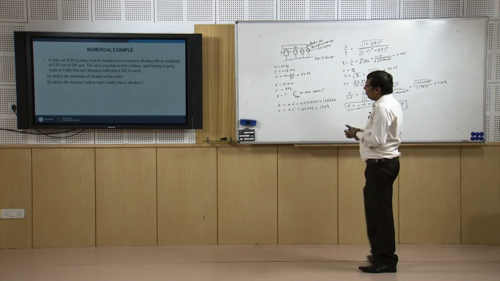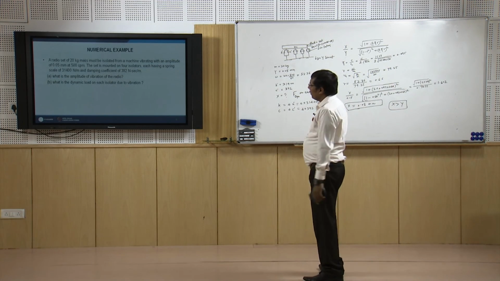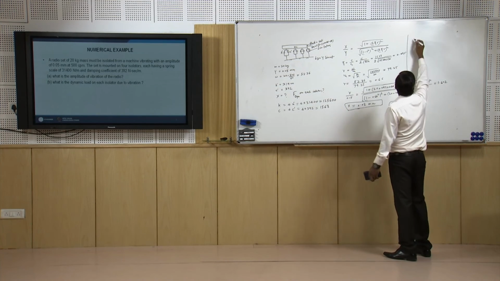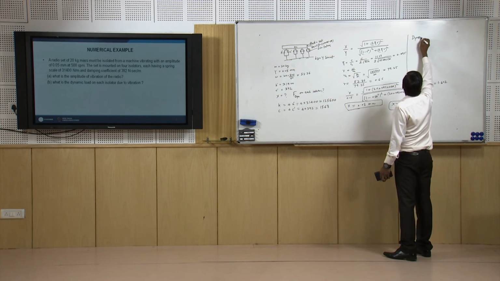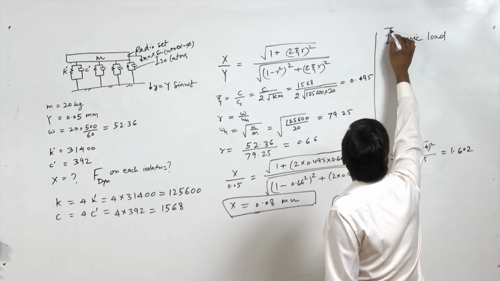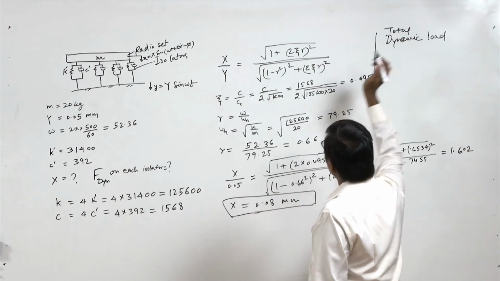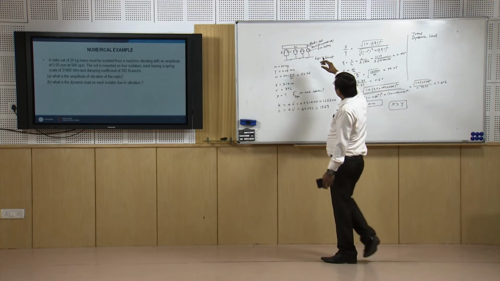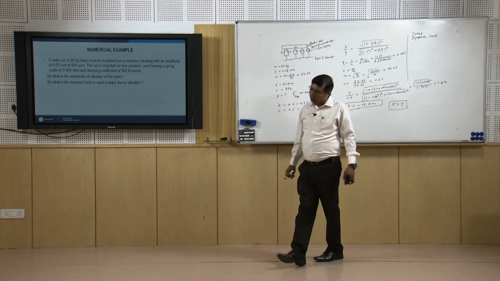So now we want to know what is the dynamic load on each isolator. So first, the total dynamic load we compute, then we will find for each isolator. The dynamic load comes due to the inertia force of the mass.